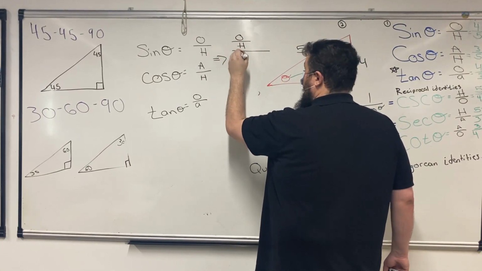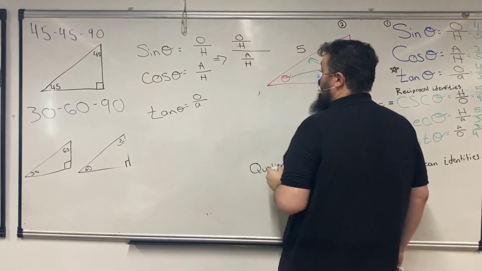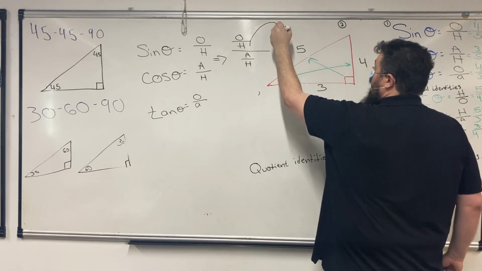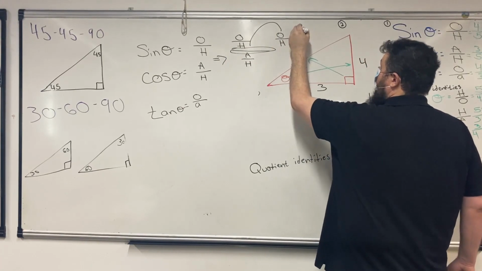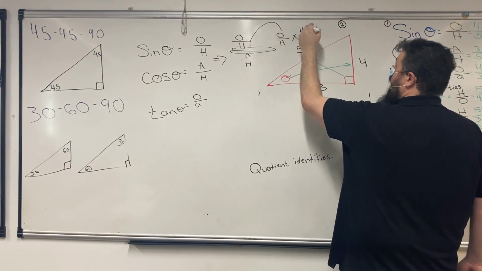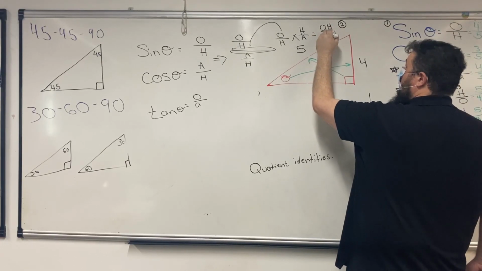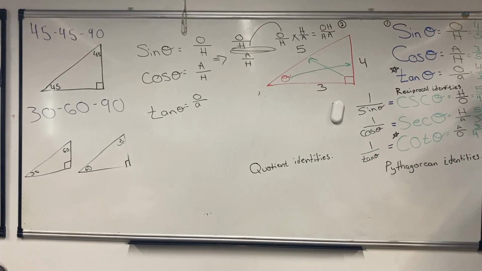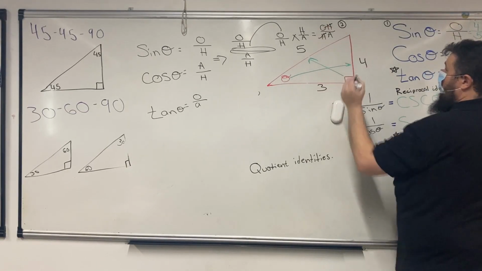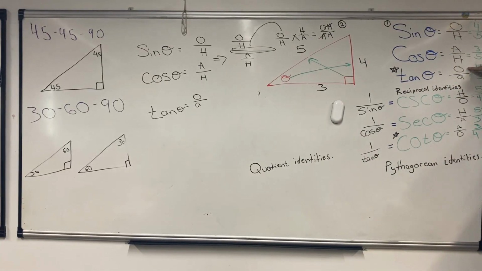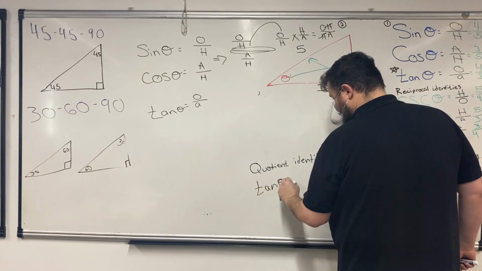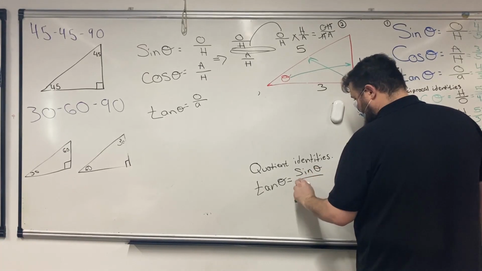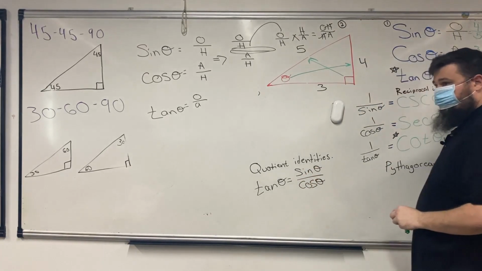Now we're going to do this: keep it, change this to multiplication, flip this. And what am I left with? O over H. And what is my tangent? Oh, it's just O over A. So we can also add here that tangent theta is equal to sine theta divided by cosine theta.